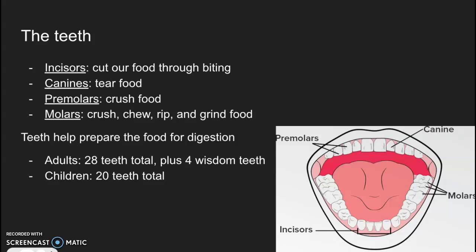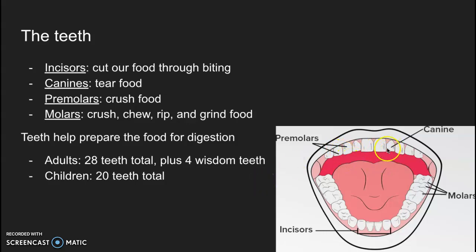Now we are going to go over the teeth. Like I said, there are 4 different types of teeth. So these right here, our front teeth, or the front bottom teeth, are known as incisors. Their purpose is to cut our food through biting. Next we have canines.